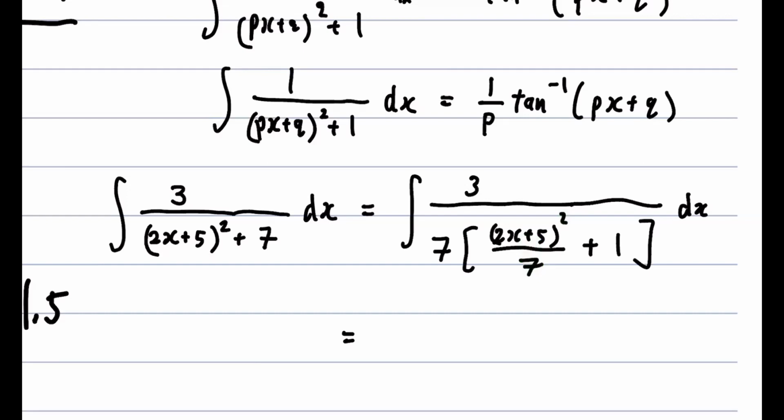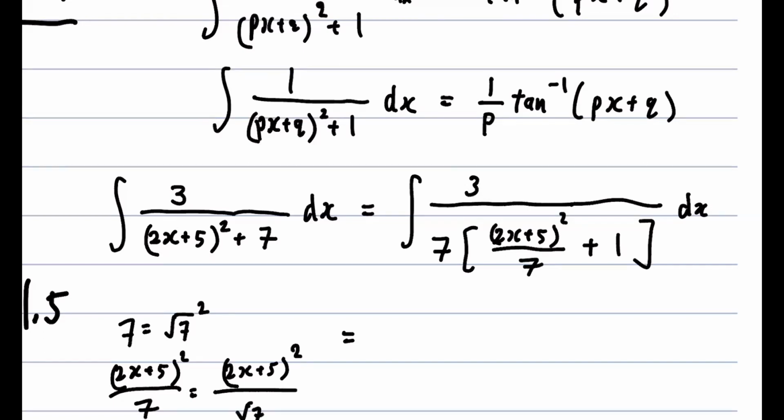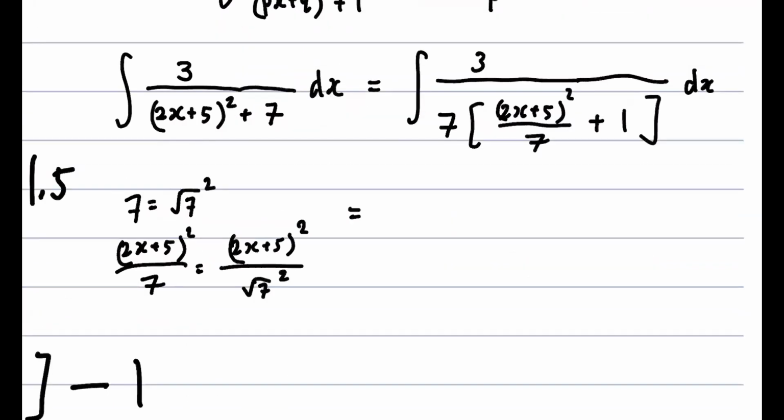Here's a trick. 7 is the same as square root 7 square, agree? So I can rewrite 2x plus 5 bracket square over 7 as 2x plus 5 bracket square over square root of 7 square. Do you remember a power m over b power m? Exponent rules.